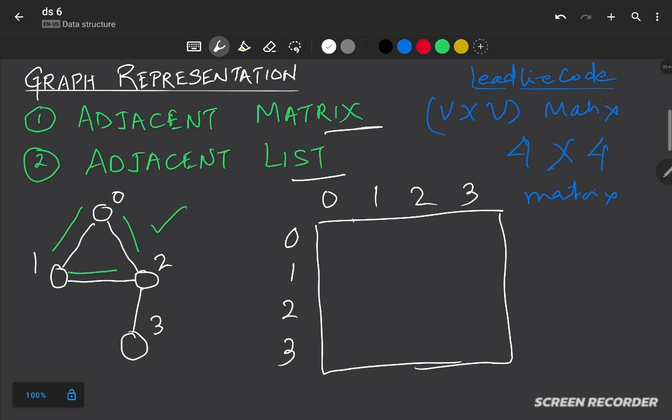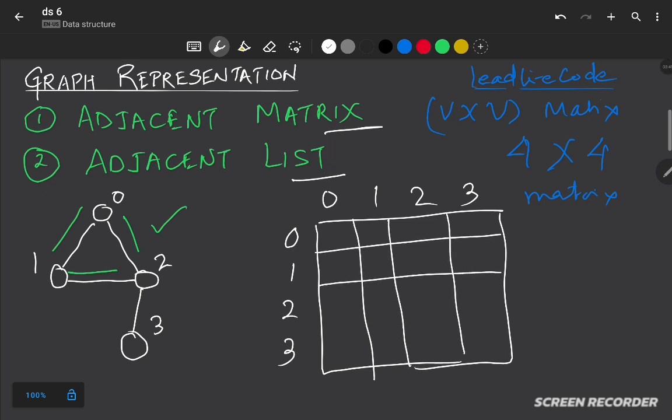This is how you would have seen a 2D matrix also. Now if there is a connection between two vertices, then it is represented as 1, and if there is no connection, then it is represented as 0. So 0 0 is always 0.